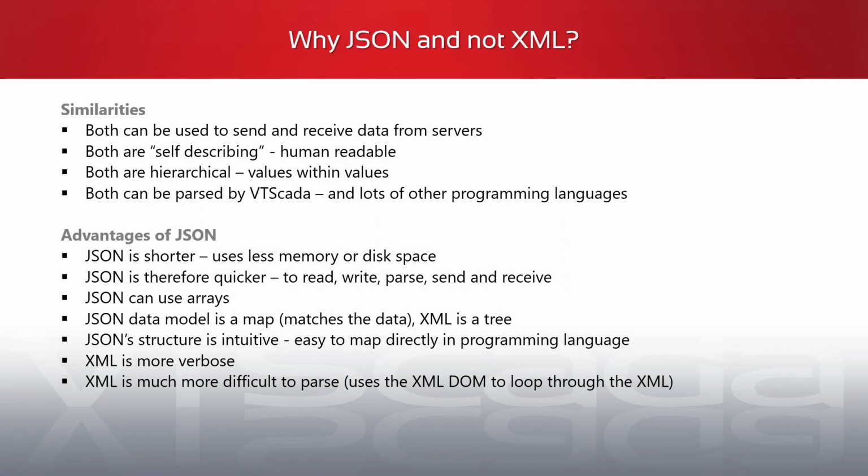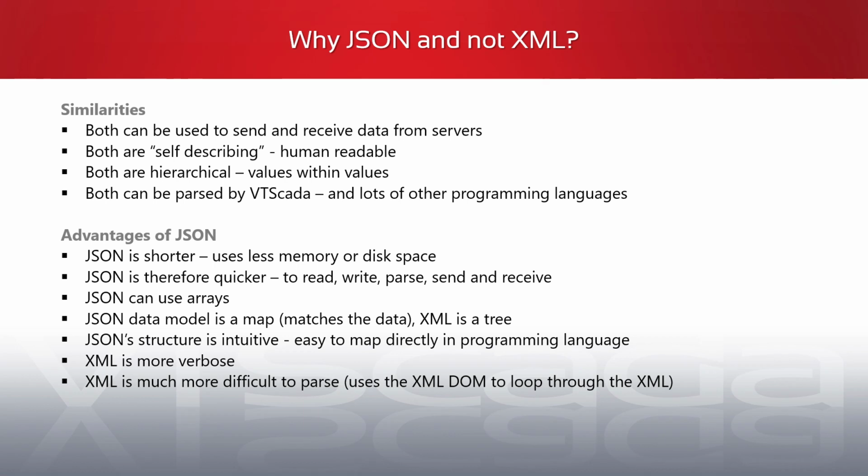But why use JSON and not XML? XML has been around for longer, and it is a very well established format. Well, let's take a look at the similarities first. Both can be used for sending data to and from servers or between systems.